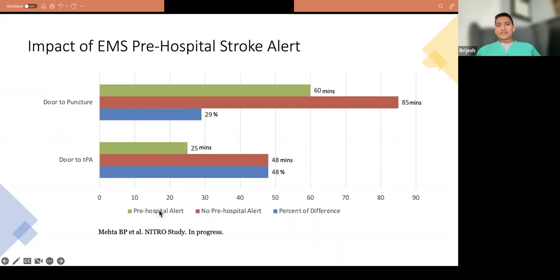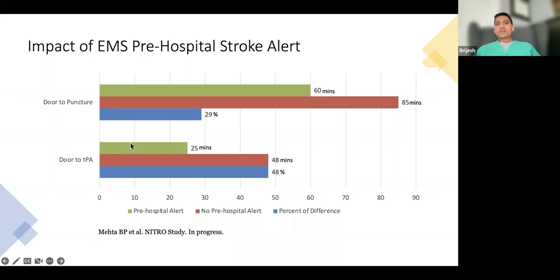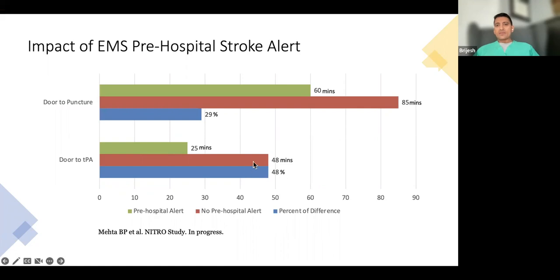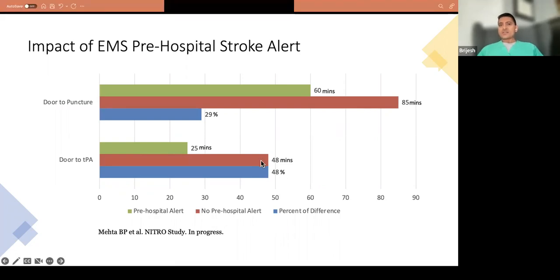So if EMS is sending us information that, okay, there's John Doe coming in, 55-year-old with RACE scale of XYZ, and we're about 10, 15 minutes away from your hospital, we're going to mobilize our CT scan team, the pharmacy team, the emergency room team, the acute stroke team, the neurologist, the stroke nurse practitioner, and hence the door to needle time, meaning door to IV TPA being given, is only 25 minutes here at Memorial. And without an EMS stroke alert, the time essentially doubles.